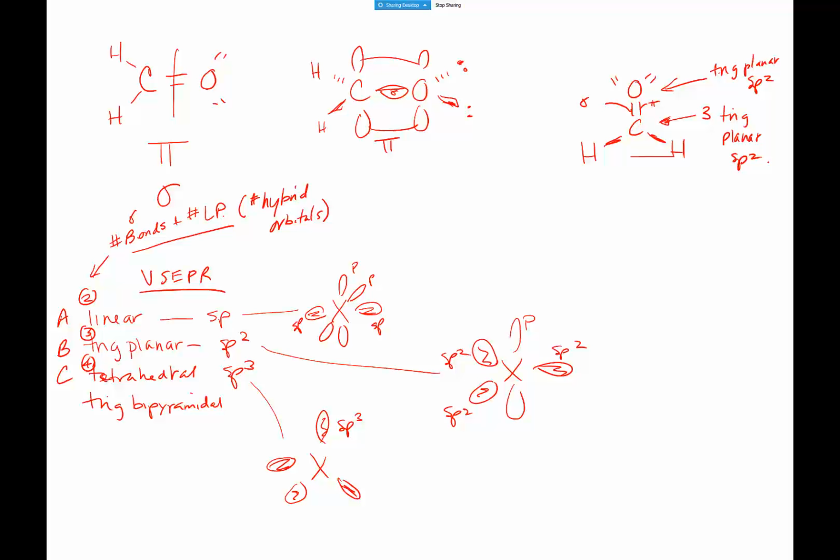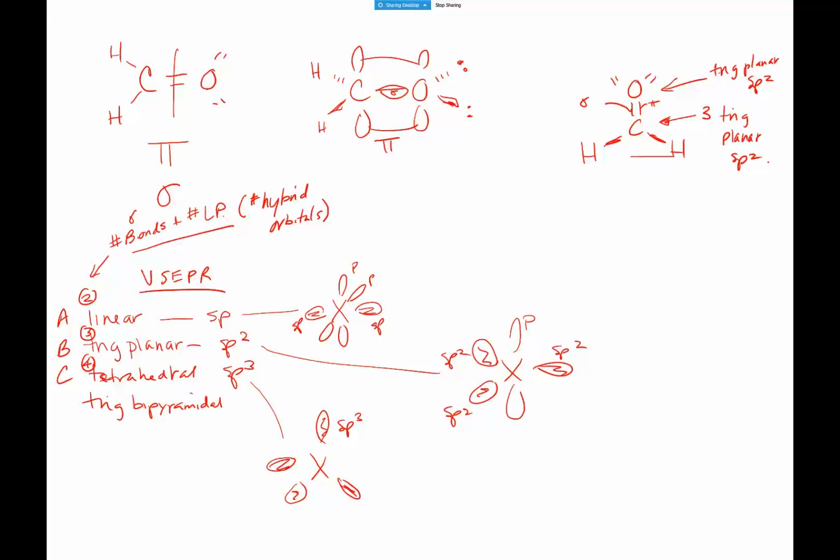Okay, so that's our first step. Identify the hybridizations of each of the non-hydrogen atoms. So we can use this chart. I'd strongly recommend rewriting that chart when we're all said and done because it's really messy right now.